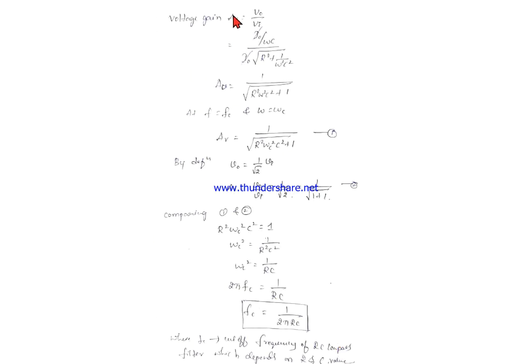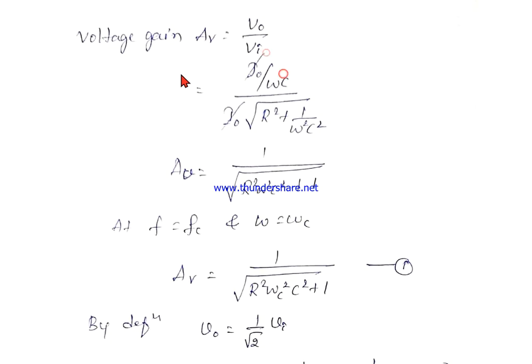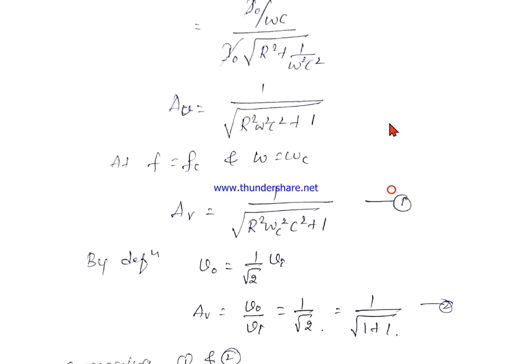Next, to calculate the voltage gain, which is equal to the ratio of output voltage to the input voltage. We have the expression for output voltage, I naught divided by omega C, and the expression for input voltage, which is I naught into square root of R square plus 1 over omega square C square.